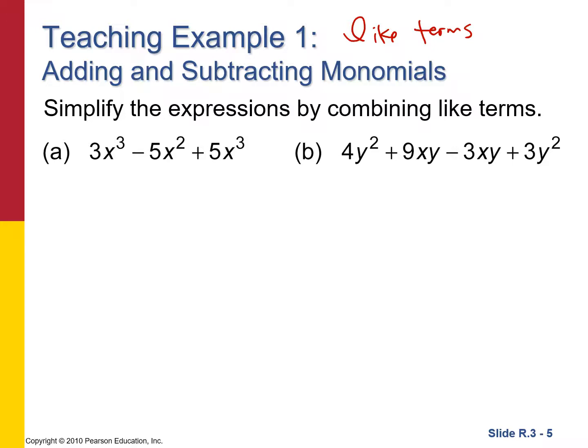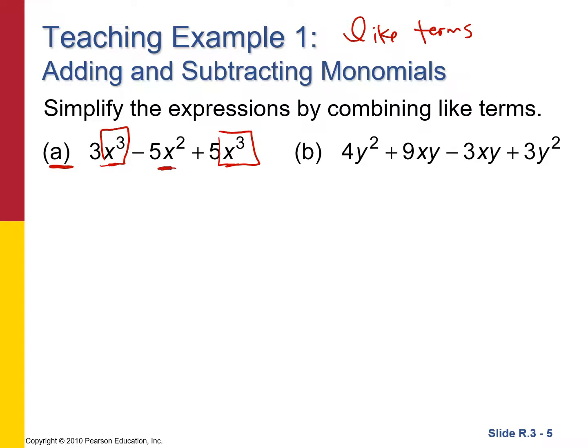You'll notice here in example A, you have x cubed and you have x cubed here. You have x cubed here. And so this makes these terms the same. Even though this is x squared, the exponent is different, so it's not the same term.